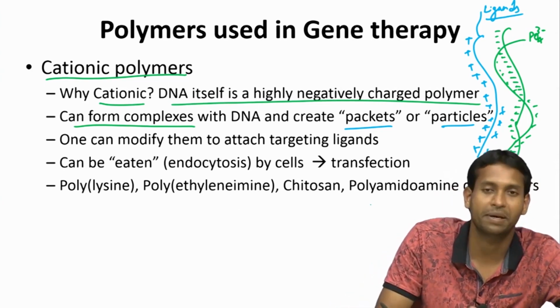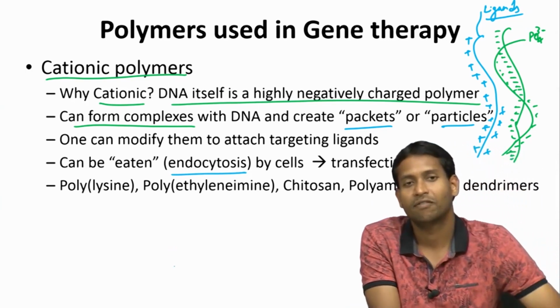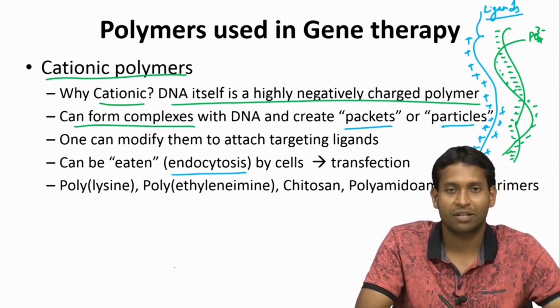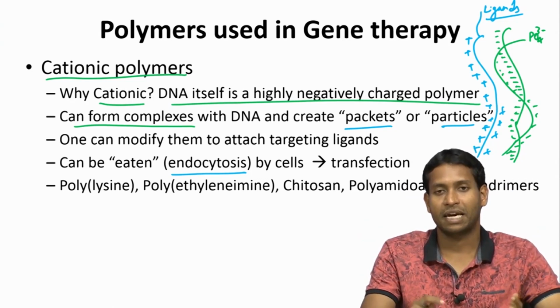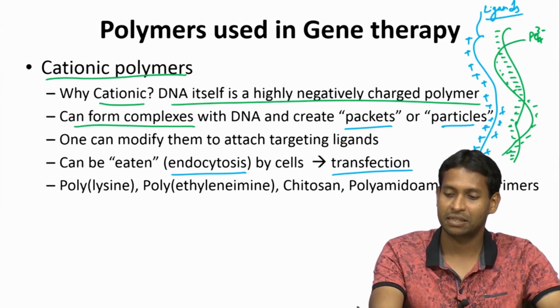Then these particles are big enough that they can be taken up through endocytosis, and once they are taken up you rely on their escape from the endosome and then eventually release of this DNA.